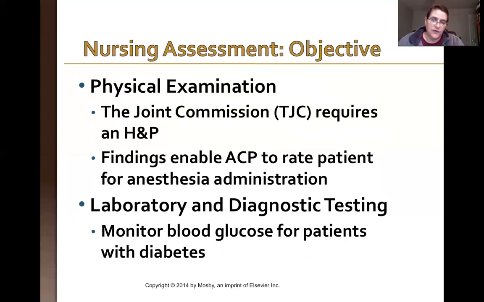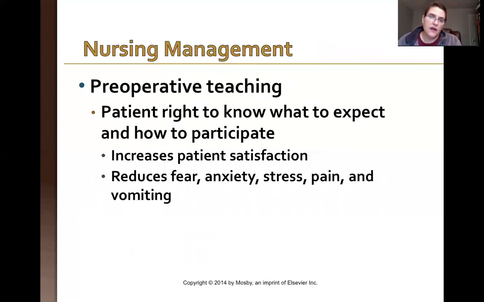We also need laboratory and diagnostic testing, and that's to evaluate where they are and if they're stable enough to go to surgery. And notice that I've got in here monitor blood glucose for patients with diabetes. That's the second time you've heard that. So we're going to do that before they go off to surgery.